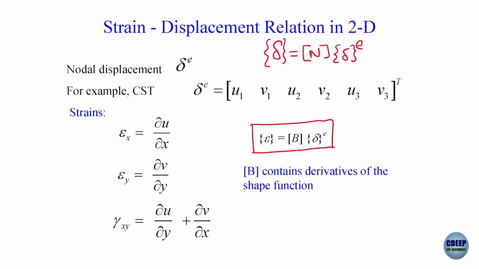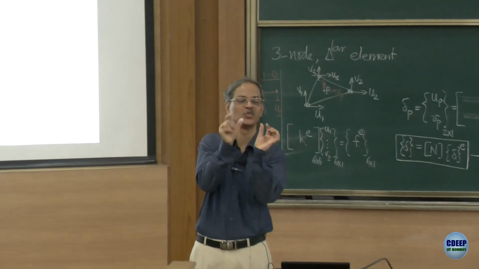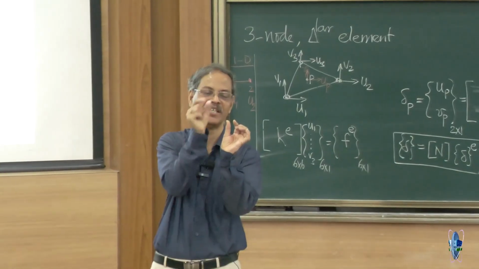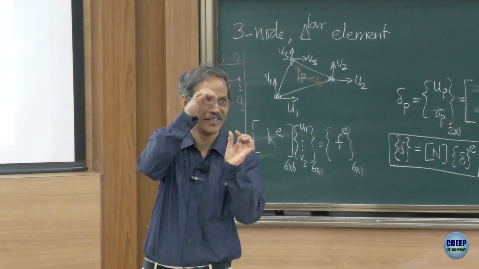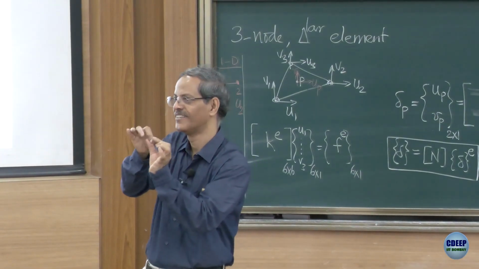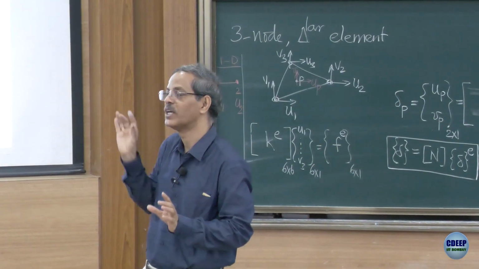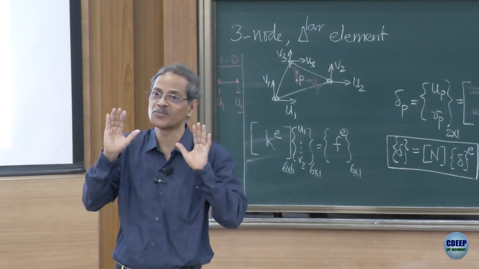For anybody who is not familiar with this equation, you can think in terms of an elemental length dx changing: this end has moved by u, this end has moved by u plus du. So, the change in length by the original length, at an infinitesimally small element level, is du upon dx. That is what gives you this, but we are assuming that the deformations are small.